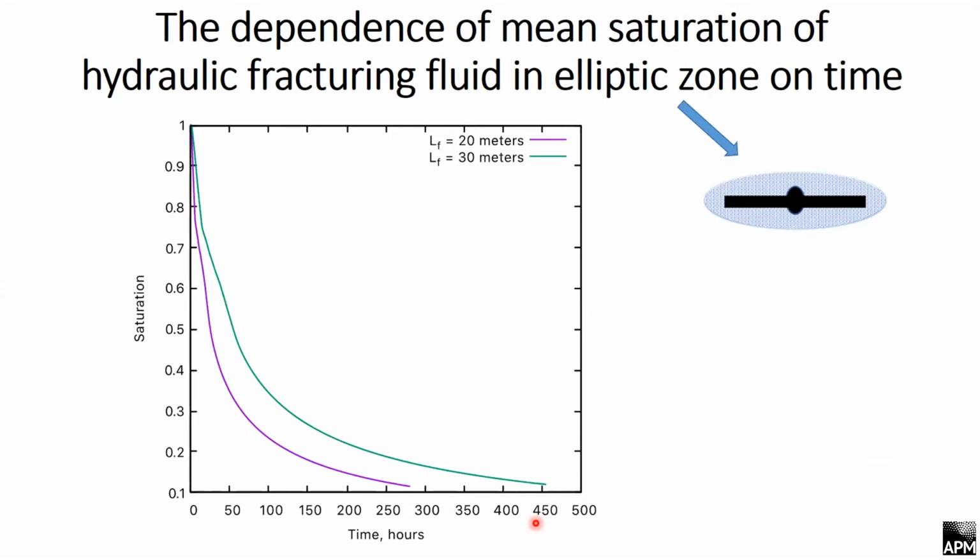So we can choose a small and satisfactory saturation value as a criterion for when the fracture is considered already cleared. For example, if we assume that the fracture is cleaned when the saturation of hydraulic fracturing fluid reaches 0.2, it can be seen that the smaller fracture cleans up about 2 times faster than the larger one.